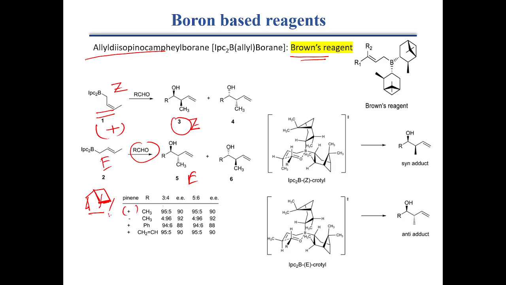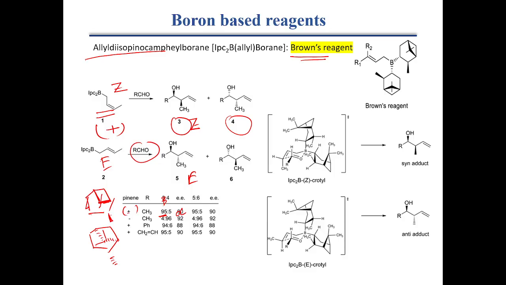If this is in beta, we will get the beta product as the major product, and if it is alpha, which is this one, we will get the alpha product, which is this one, 4, as the major product.